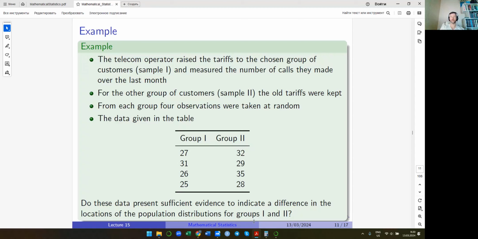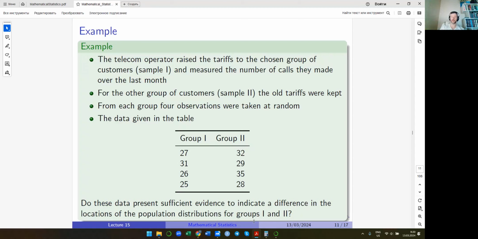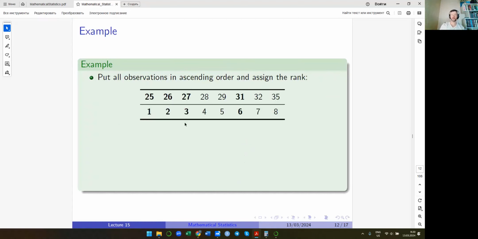Might be like this. So what we have to do in order to apply the previously discussed Wilcoxon rank sum test? First of all, we have to put all observations in ascending order and assign their rank. Here, I just mixed everything and put the numbers in ascending order.